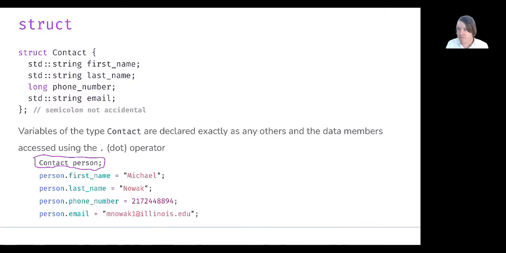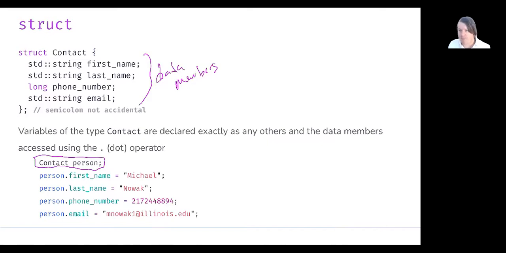It's just that the type of the object we're creating is a contact. If we wanted to create an int, it would have been int i or whatever; here, contact person. Okay. So these different fields, or the things that contact stores, are going to be known as the data members of this type. So contact has 4 data members.